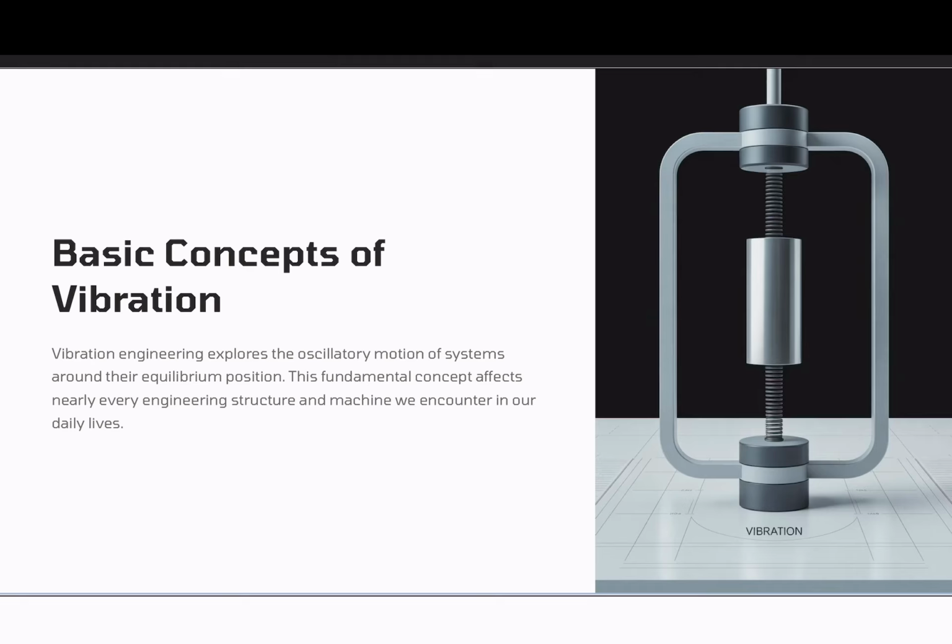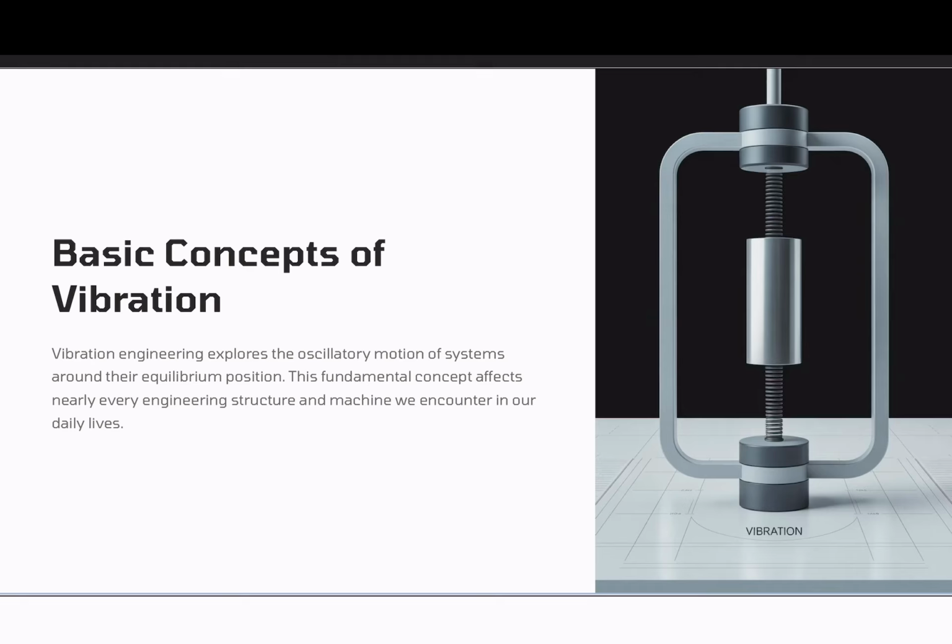We use this knowledge to control the vibration, because uncontrolled vibration can cause very serious problems, like noises, like wear, like fatigue failure in machines, and if it goes on a big scale, it can cause a disaster like a bridge collapse.